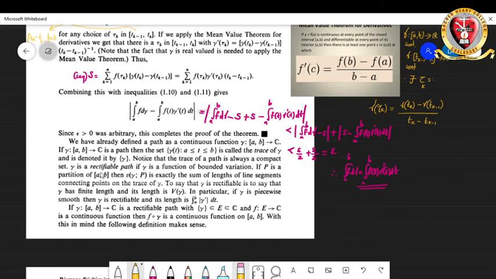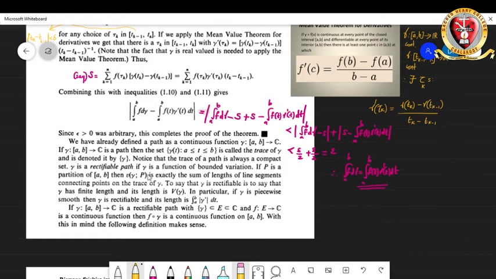And also we say that γ is a rectifiable path if γ is a function of bounded variation. And if P is a partition of the closed interval [a,b], then V of, what was V? We denoted it with the bounded variation summation, right?